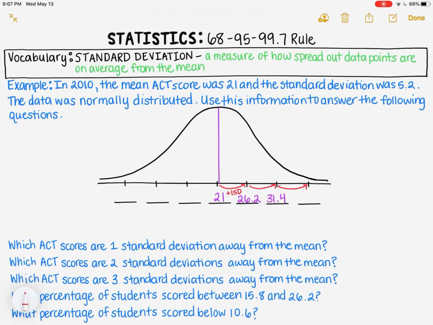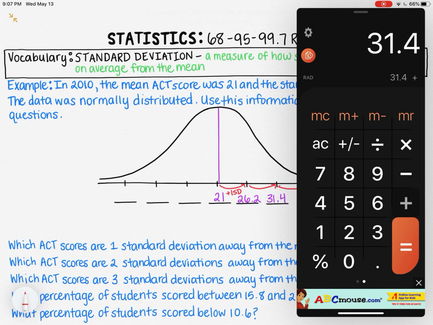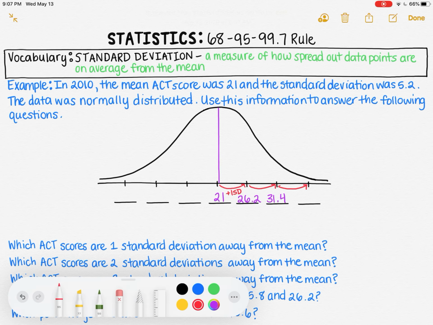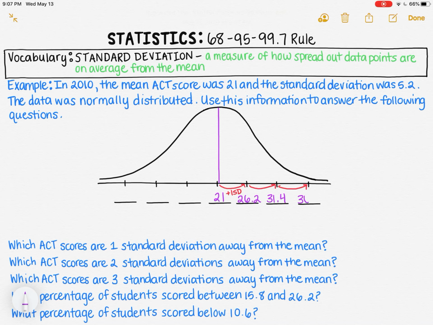So I'm going to add 5.2 one more time to 31.4. And that gives me 36.6. Now, of course, there can be scores above 36.6. As you can see, there is still a little bit of a tail there, but we'll talk more later about how few scores are above that third standard deviation.